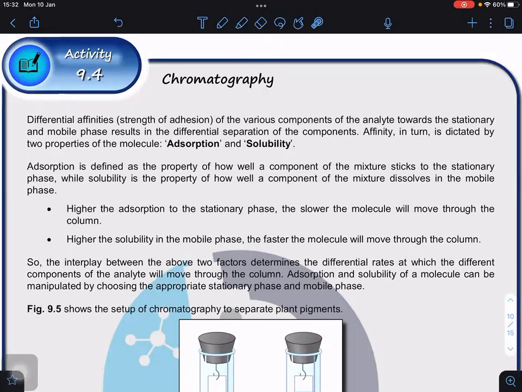So different pigments have different adsorption, which means different interactions with the silica gel or cellulose fiber. In this case, you can write down: adsorption high, move slower. Adsorption low, move faster.